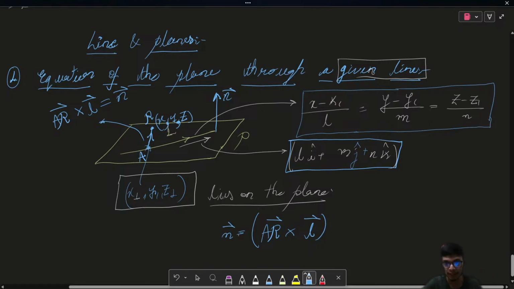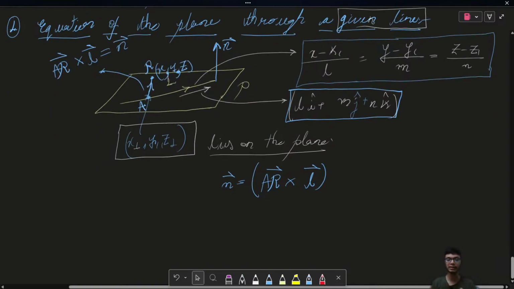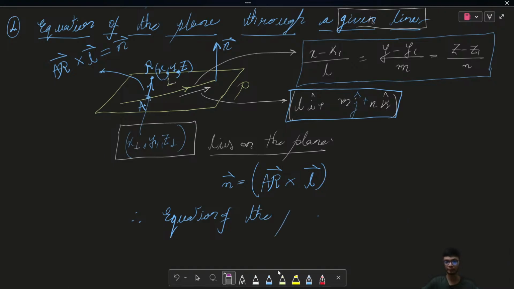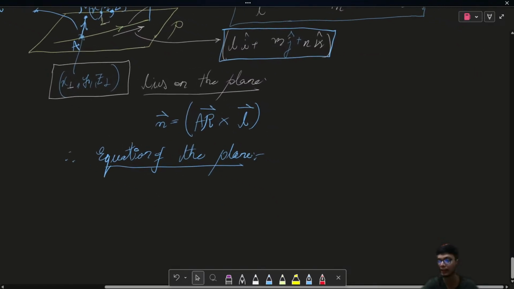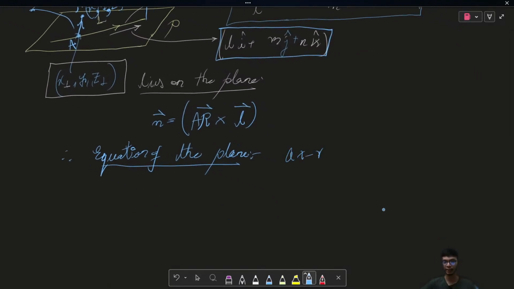So if I do that formulation and I try to write the direction ratios of the final normal of the plane, we'll see that the equation of the plane will be modified to a times (x minus x1) plus b times (y minus y1) plus c times (z minus z1) is equal to 0.